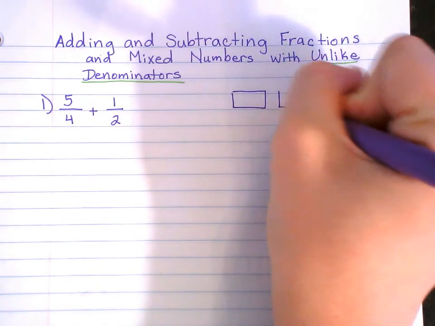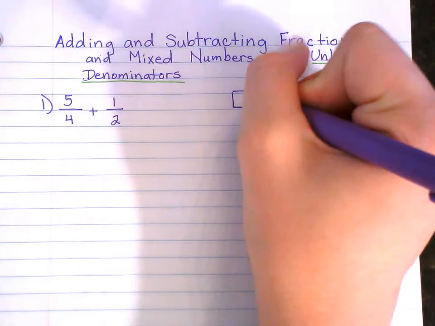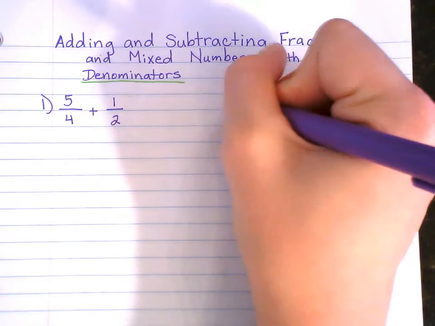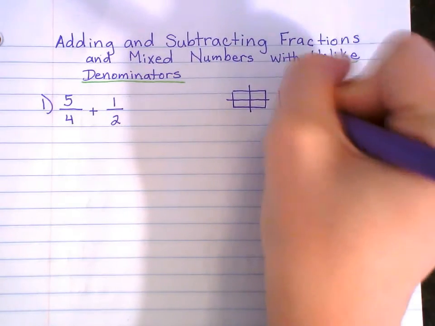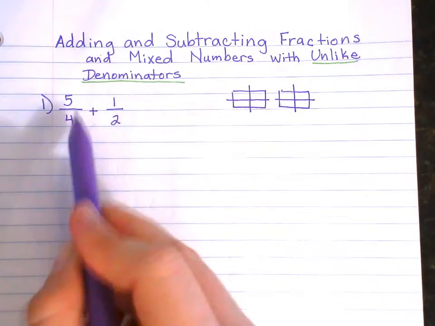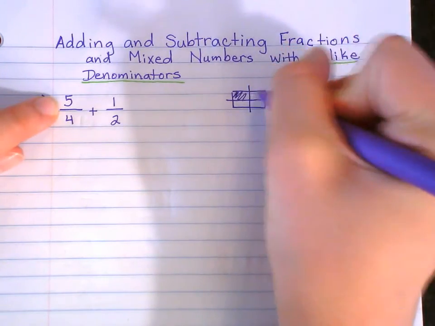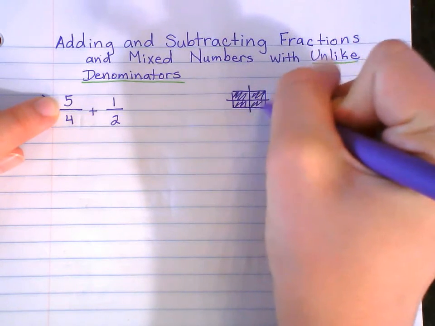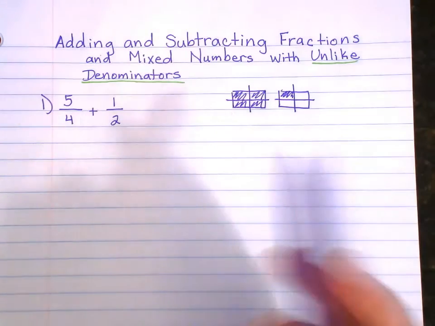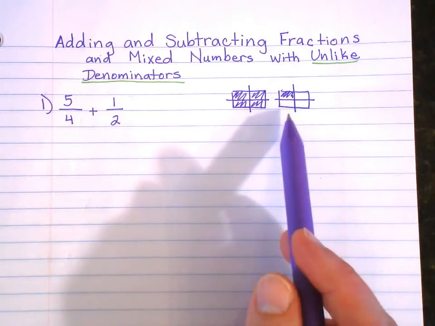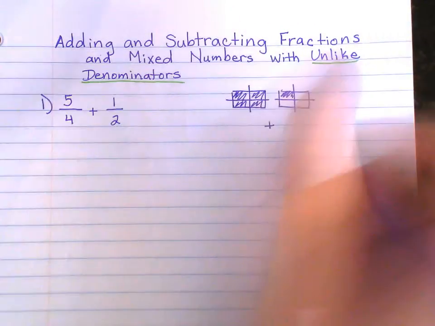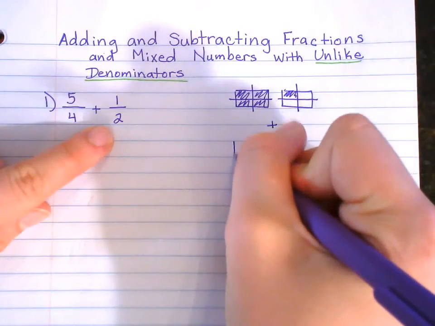So we have these chocolate bars, and they're broken into fourths. Okay, fourths, 4 pieces. So 5/4, well, that's 5 pieces when the item is broken into 4 pieces.